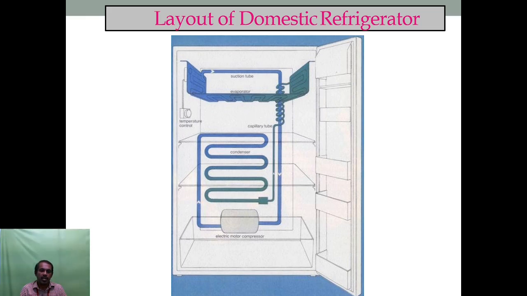First, the compressor produces high pressure, high temperature vapor from the refrigerant. This high pressure, high temperature vapor goes to the condenser.